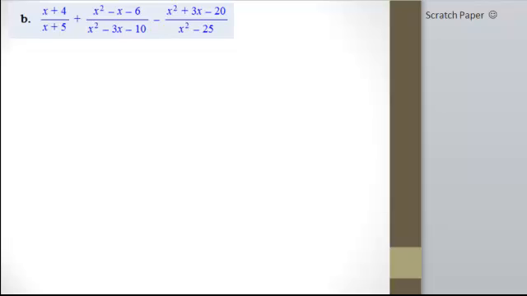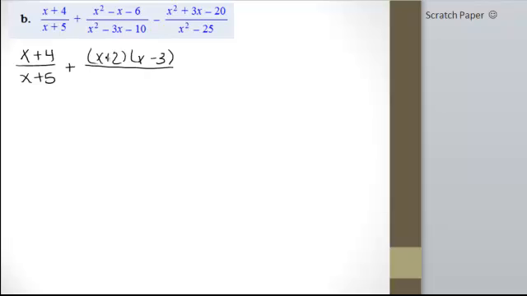Okay, let's have a look at this problem. Here we have to add and subtract fractions, so we do need to make sure everything is completely factored first. In the second fraction, the numerator will factor: factors of negative 6 that add up to negative 1 will be a negative 3 and a positive 2.